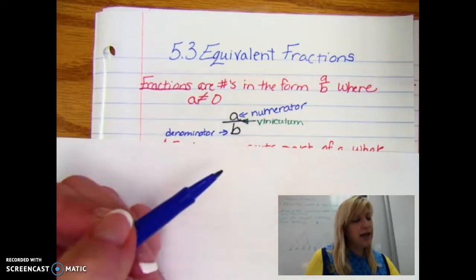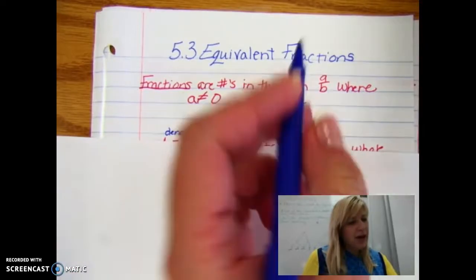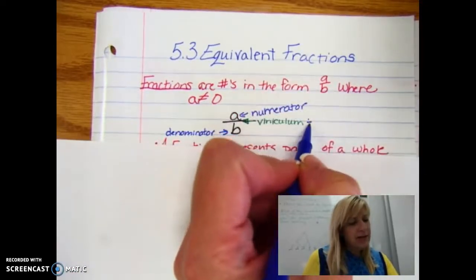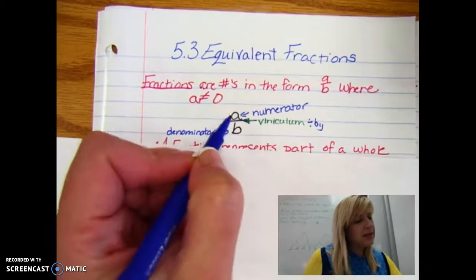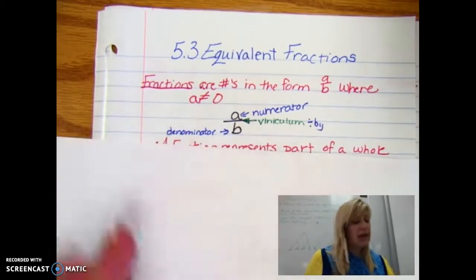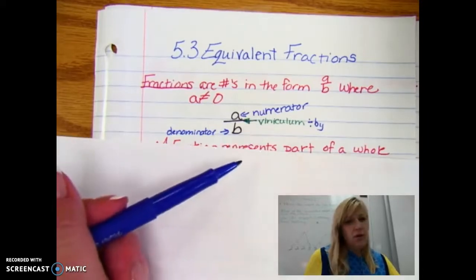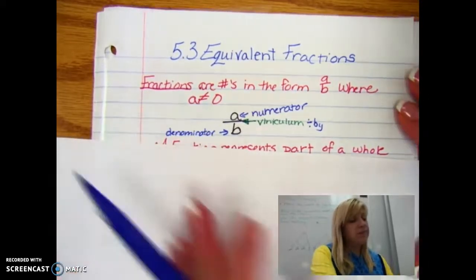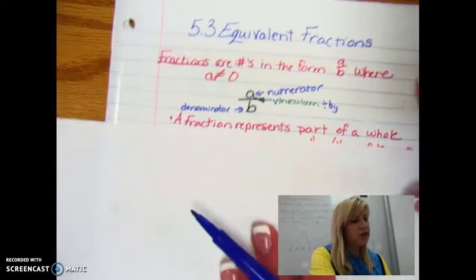The vinculum is that little line in the middle there, and what it means is simply divided by. So we're basically saying a divided by b. Any number over the other number is divided by. Sometimes we like to keep them in that fraction form.